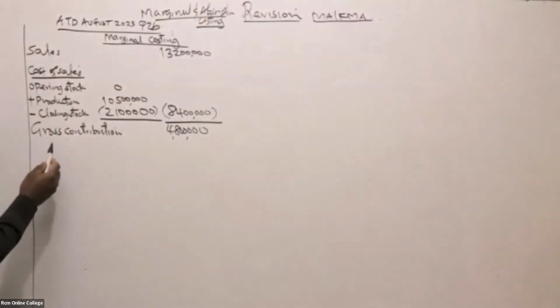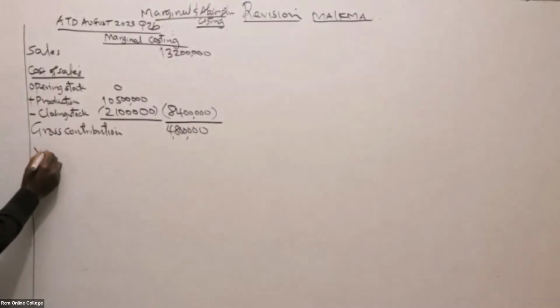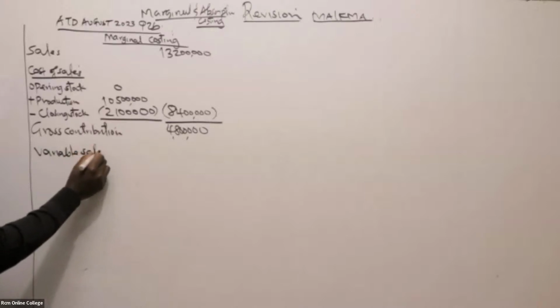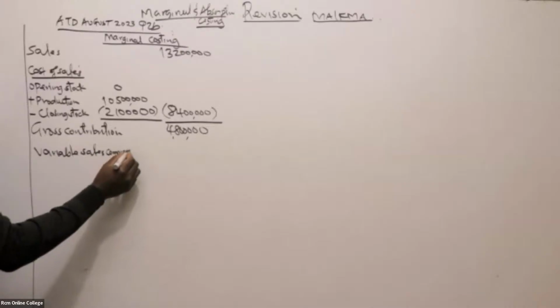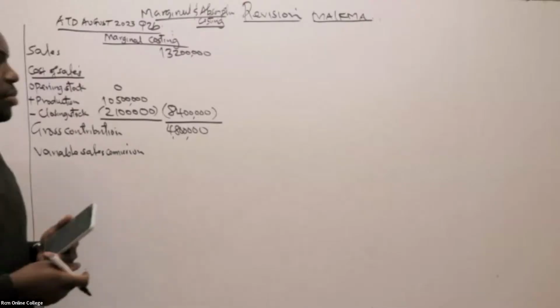So how much is the variable sales commission? The figures are given in thousands, that is 300,000. Now what is happening is this.